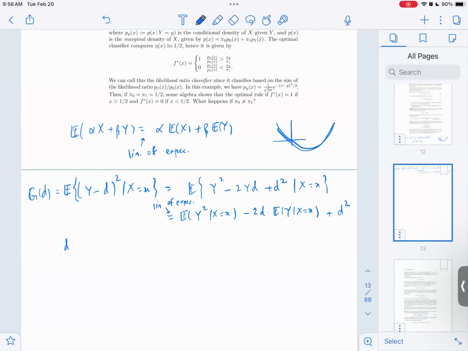So I'm going to take the partial derivative with respect to d of this quantity and set it equal to 0. If you take the derivative, the constant term goes away, and this is linear, so I get minus 2 times the expectation of y given x, plus 2d, equals 0. You solve and you get d as the expectation of y given x.